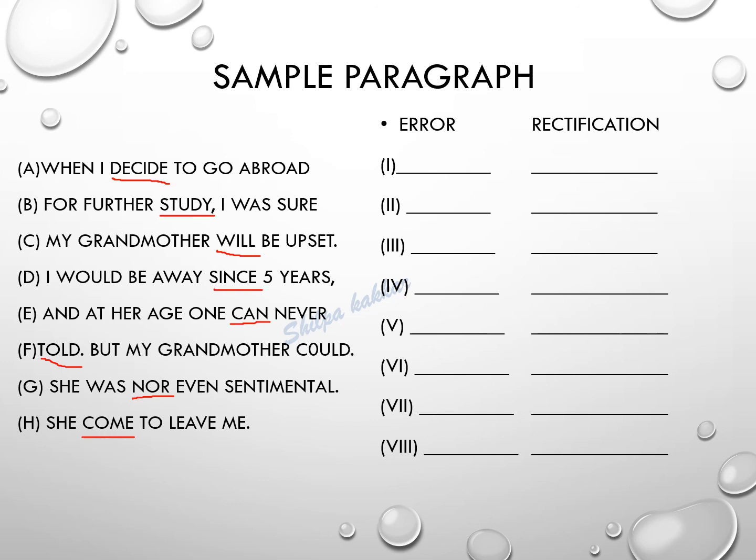So, let us see now the corrected paragraph. Then you will know whether you have understood it rightly or not. When I decided to go abroad for further studies, I was sure my grandmother would be upset.